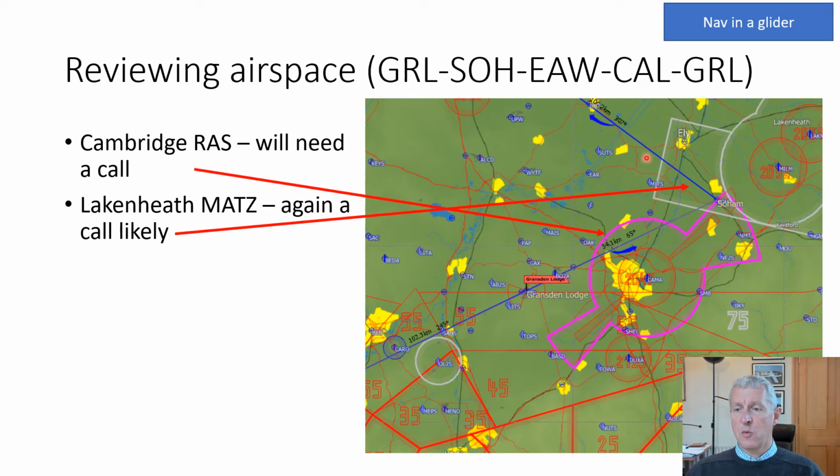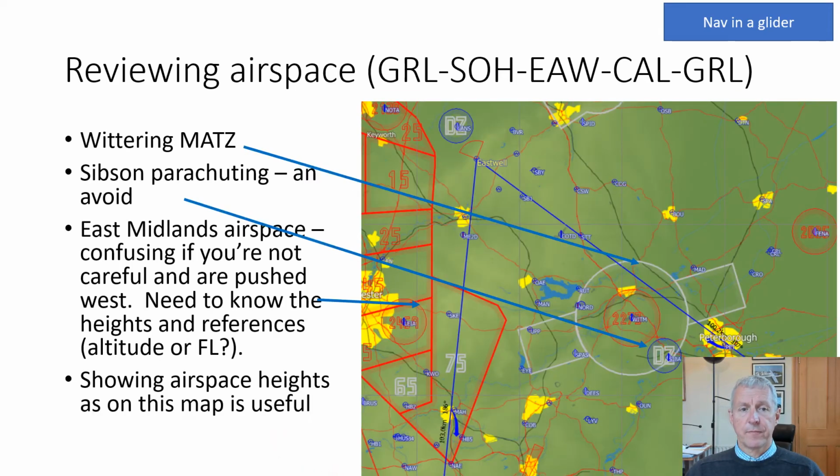As we get to Soham and out, we might well be inside the Lakenheath mats, so we're going to need to talk to Lakenheath radar. Again, this is a courtesy rather than a requirement. Later on, as we pass Peterborough, we have a few things to take note of.